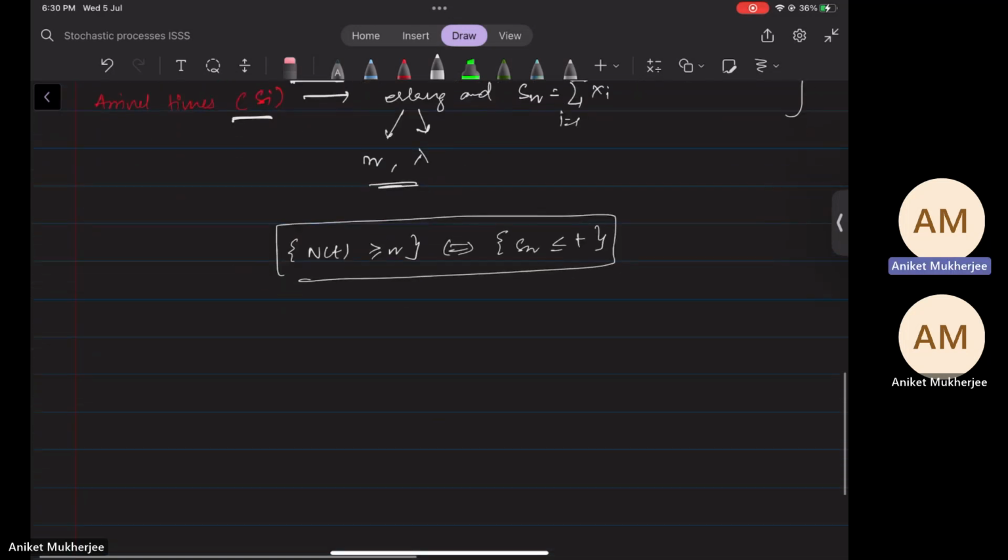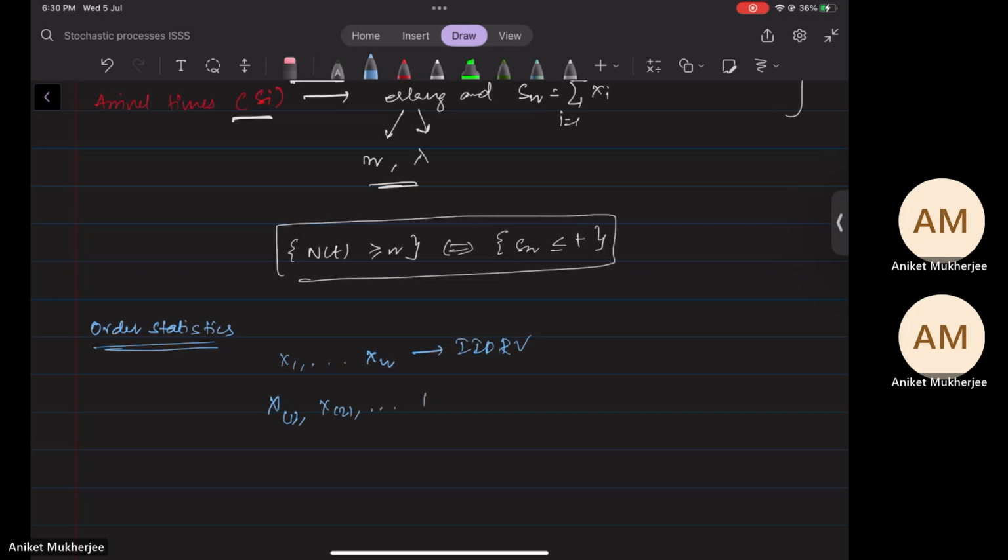Then we saw about order statistics. In the order statistics, we saw that if you have X1 to Xn IID random variables with some known distribution, then if you arrange them in increasing order, you get a new distribution for these.